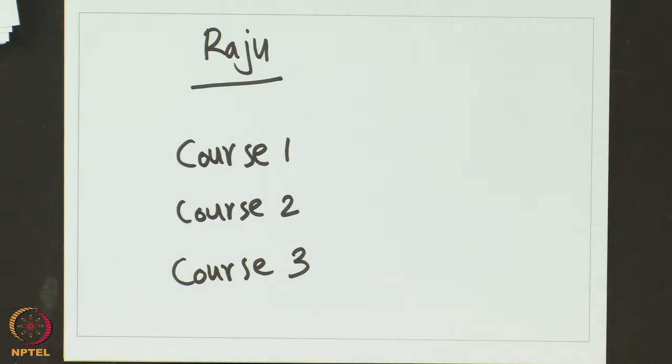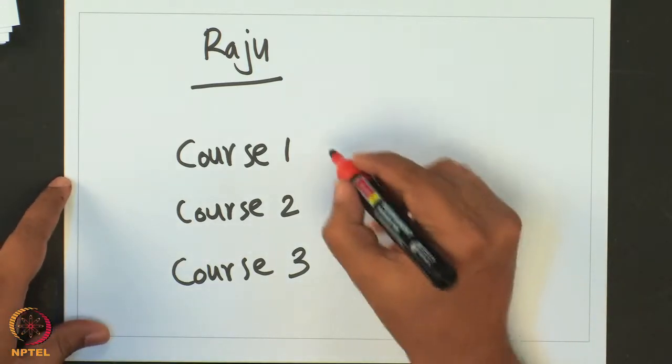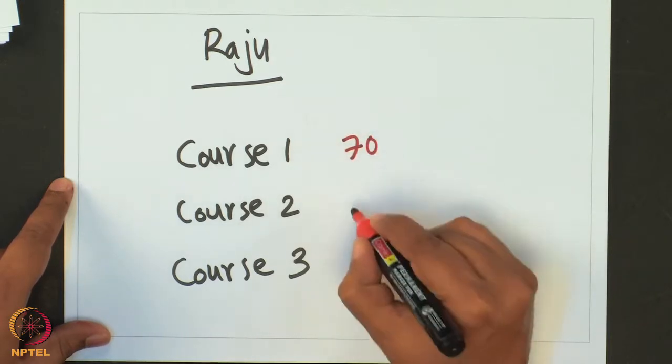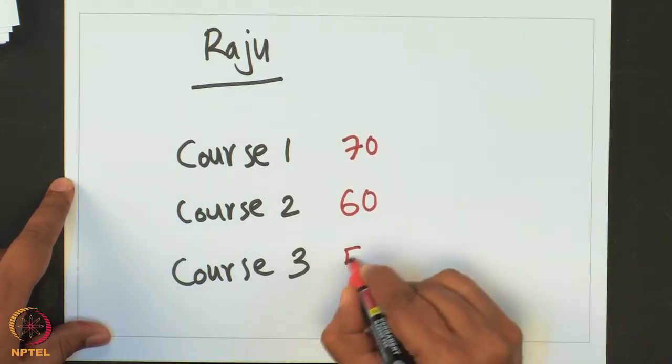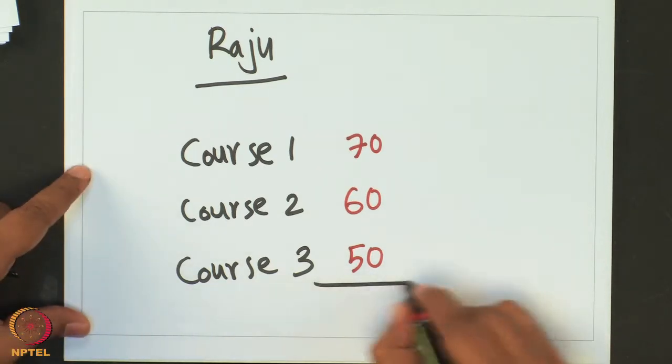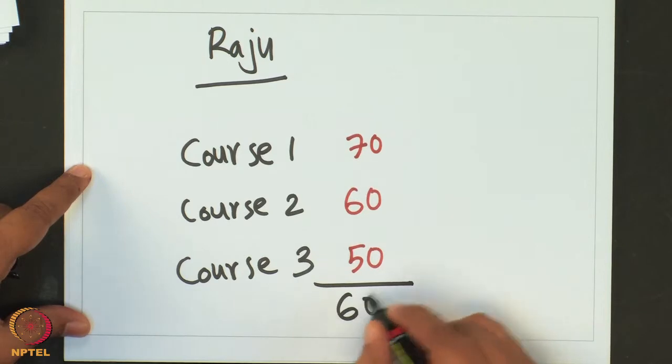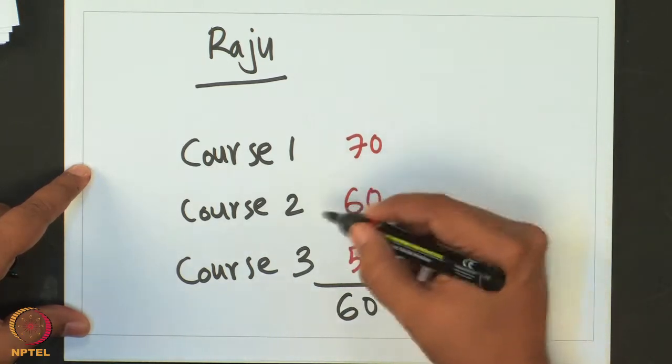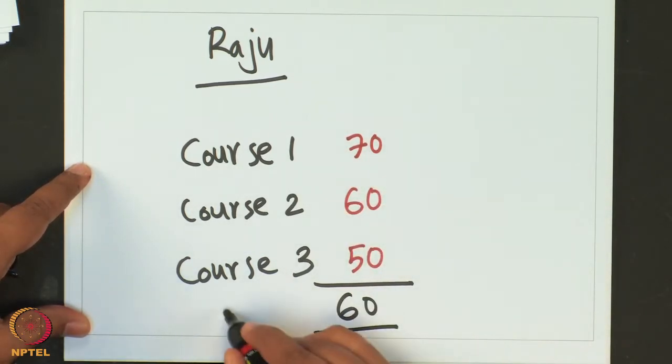Let us say the marks he got were 70, 60 and 50. So these are the 3 marks, and the mean of these 3 numbers is of course 60: 50 plus 70 is 120, plus 60 is 180, divided by 3.